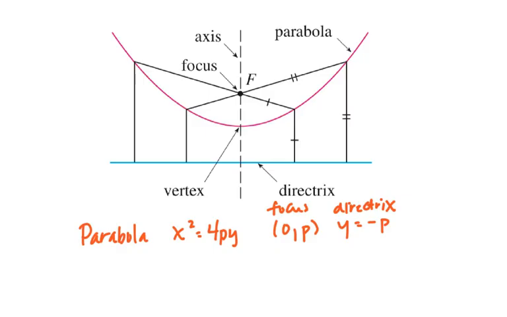If we interchange the x and the y, then we have y squared equals 4px. And we find the focus to be (p, 0), and the directrix is x equals negative p.